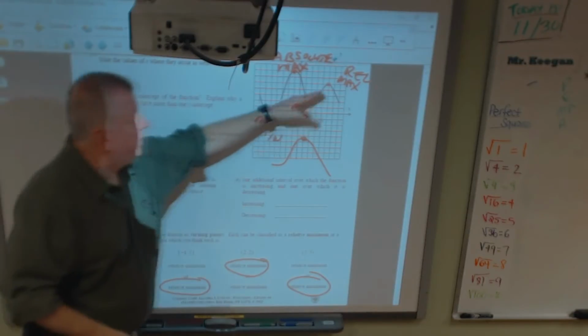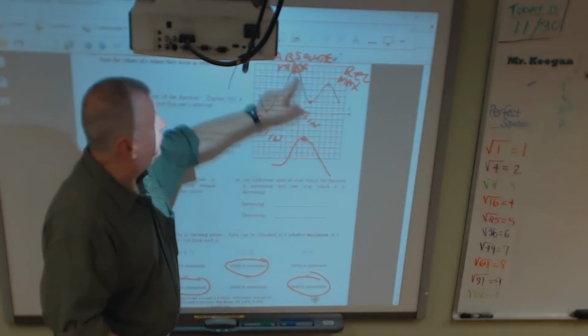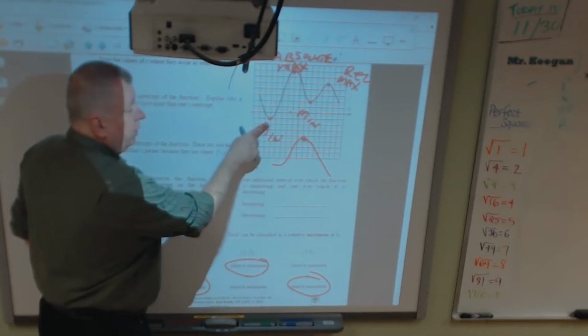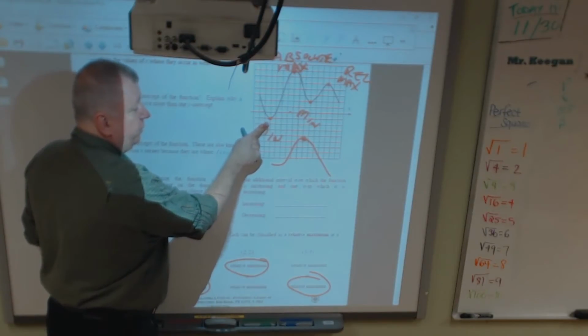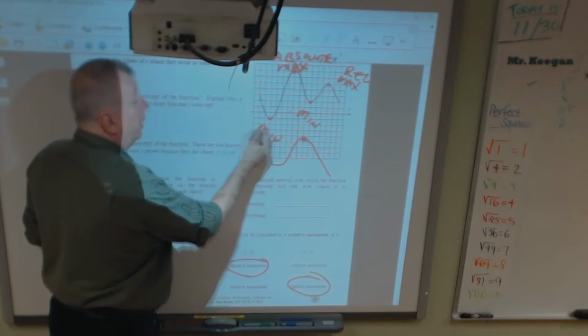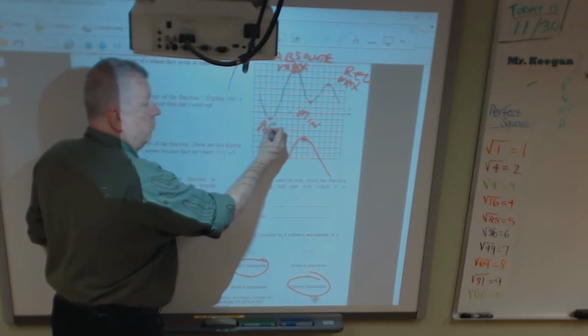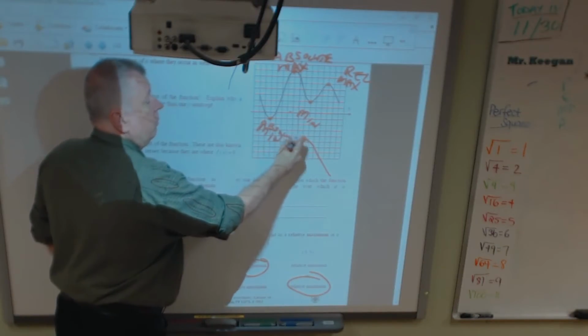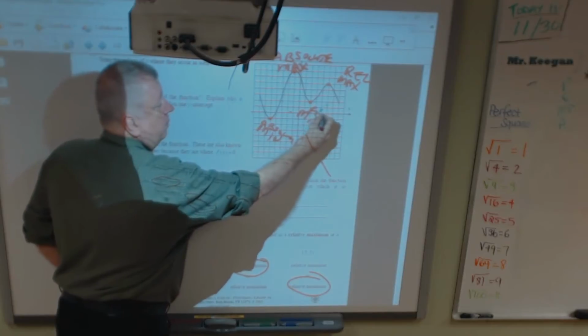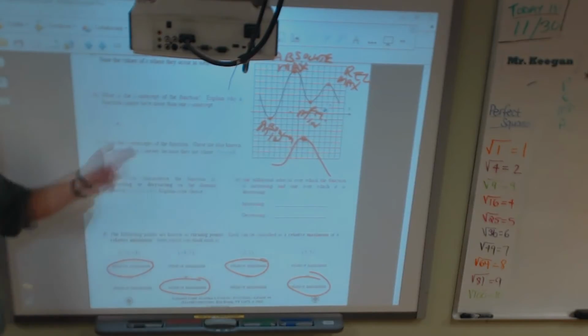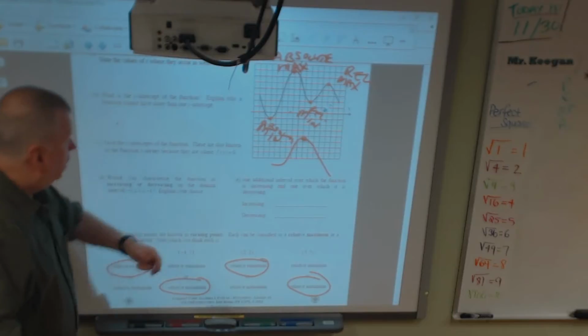You could have other ones that don't reach it, so this would be a relative max, this is the absolute max. What do you think this is, a relative minimum or absolute minimum? Absolute. Yeah, because it's the lowest low. And this would be a relative min. I think tomorrow's lesson, they talk about this a little bit more.